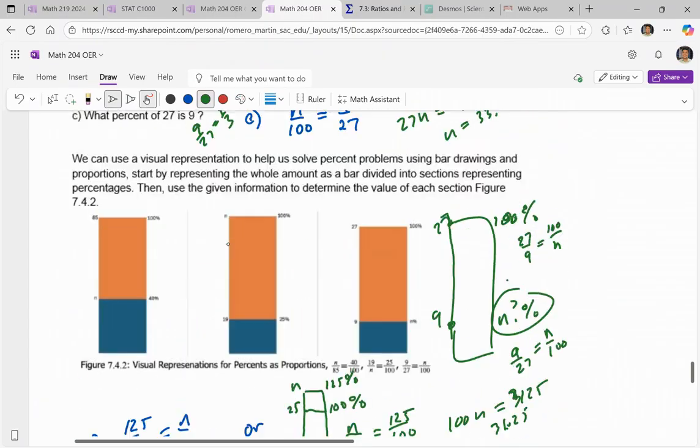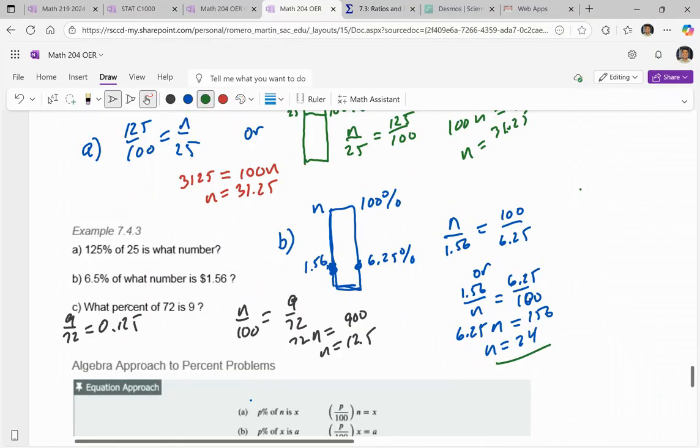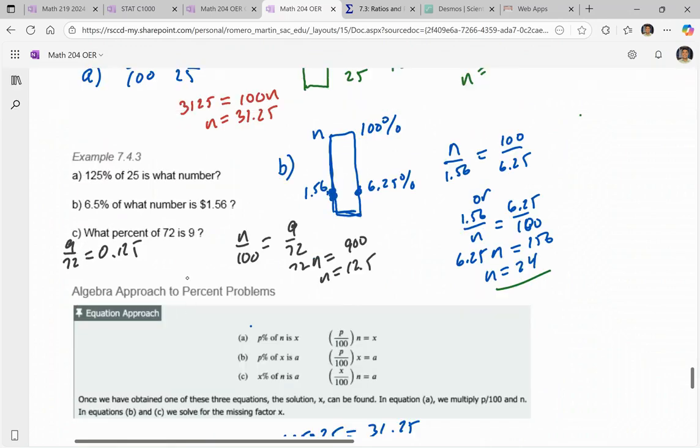And then I did the drawing kind of for this problem here. What percent of 72 is 9? You could also just think about it: what percent? n over 100 equals 9 over 72, and cross multiply. So that's another way to think about that.